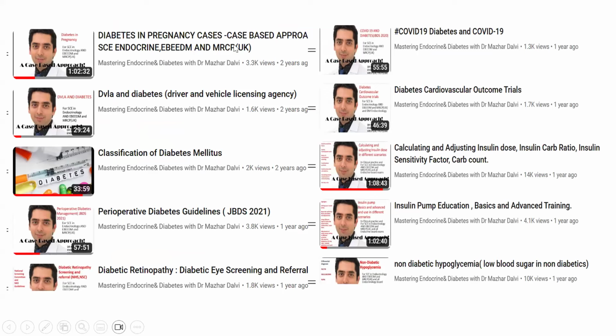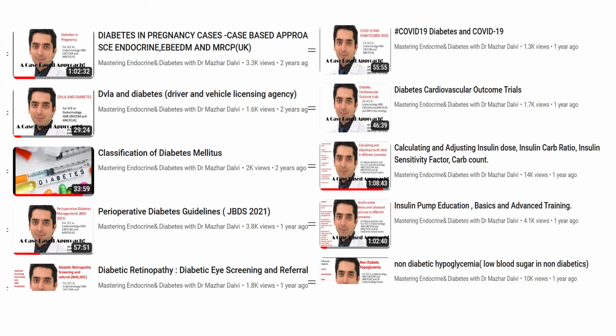So diabetes in pregnancy cases, then DVLA guidelines, classifications of diabetes mellitus, perioperative diabetes guidelines as per the latest JBDS updates, diabetic retinopathy, which includes the diabetic eye screening guidelines, COVID-19 and diabetes guidelines, diabetes cardiovascular outcome trials, calculating and adjusting insulin doses, insulin carb ratio, insulin sensitivity factor, and carb count. So a lot of practical lectures as well.